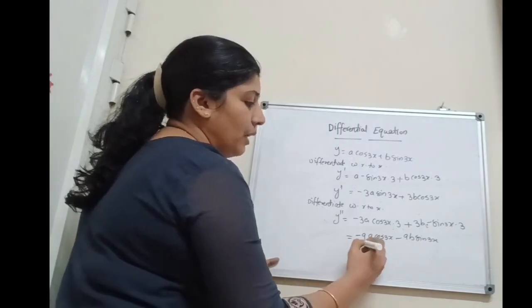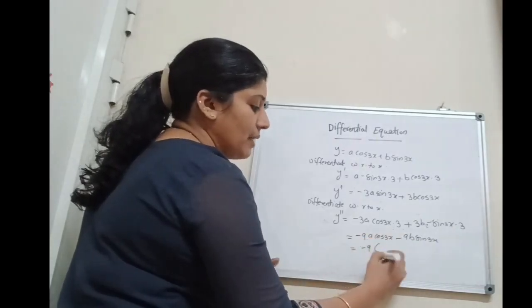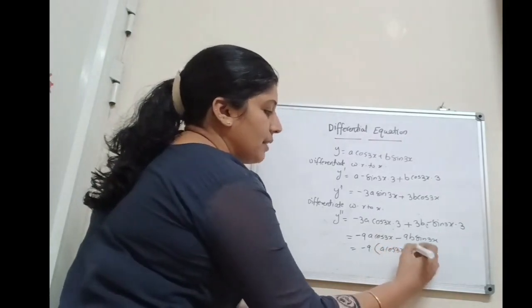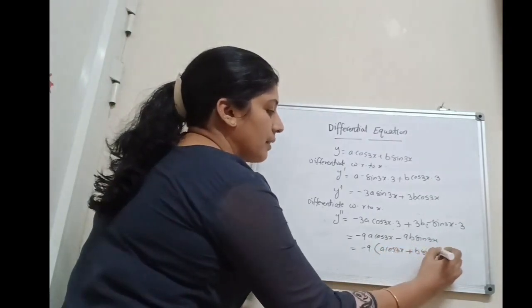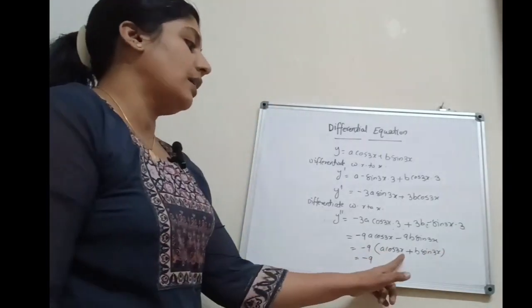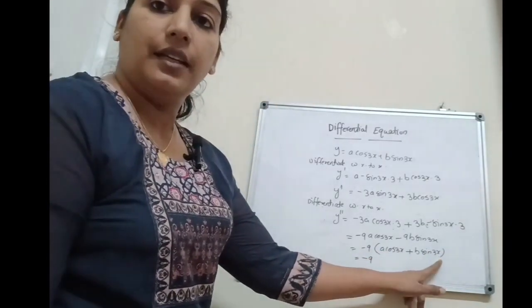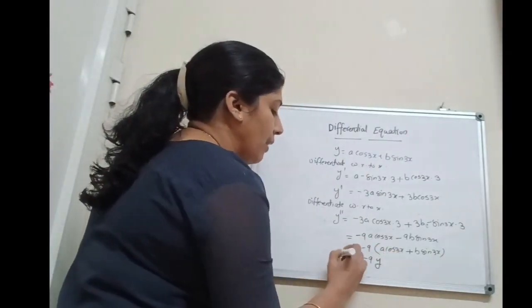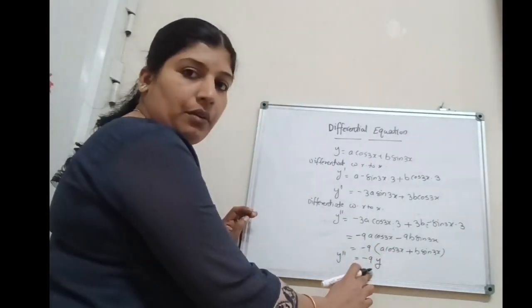Now here both of them have minus 9 common, take it outside. It is equal to minus 9 times a cos 3x plus b sin 3x. Now here a cos 3x plus b sin 3x, what is it? It is y. Therefore, substituting the value here, y double dash equal to minus 9y.